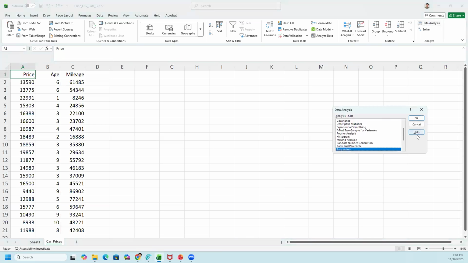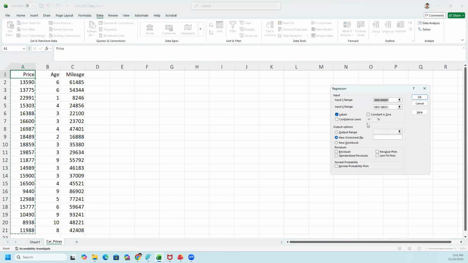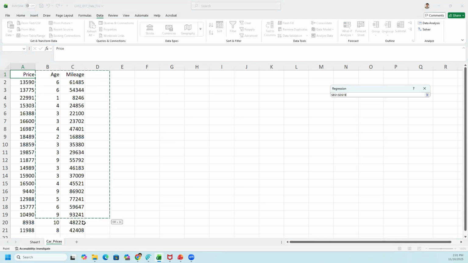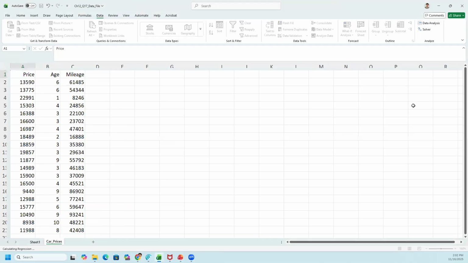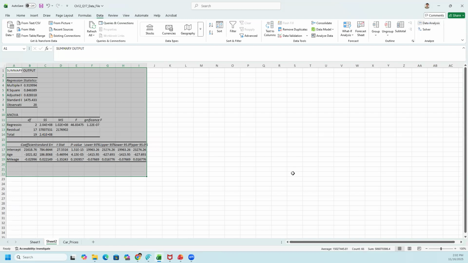So data analysis, regression, your X range, the independent variables or the predictor variables that we're using, is B1 to C21. Make sure labels is checked and then run the regression.